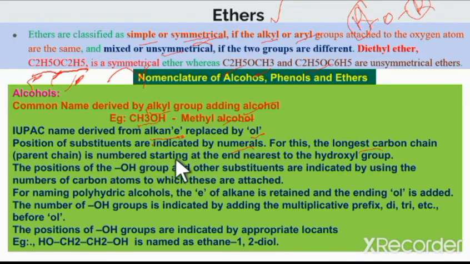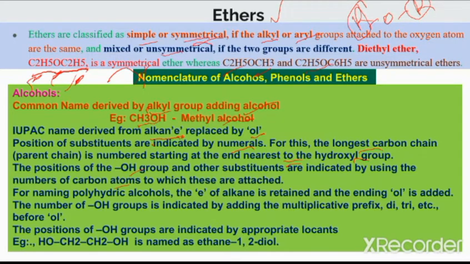The numbering starts from the end that is nearest to the hydroxy group. The position of the OH group and other substituents are indicated by the numbers of the carbon atoms to which they are attached. So we mention the number of the carbon to which the substituents as well as the hydroxy group are attached.